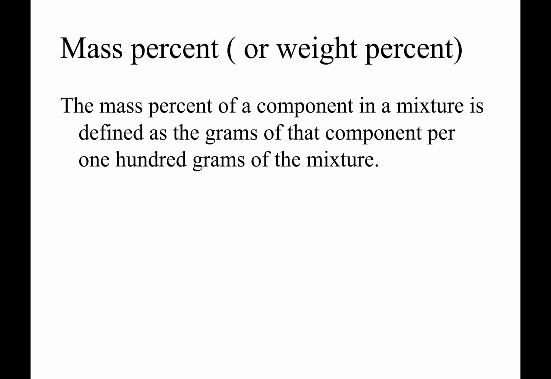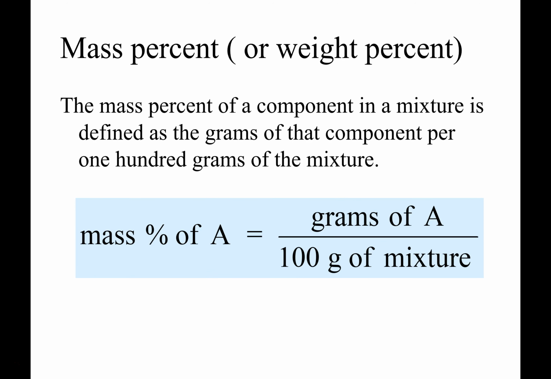Okay, we're going to work a problem here in a minute, and it is actually going to give us mass percent. We talked about mass percent earlier in the course, and how you calculate it, but once you've calculated it, you can unpack mass percent as the grams of the component per 100 grams of the mixture.